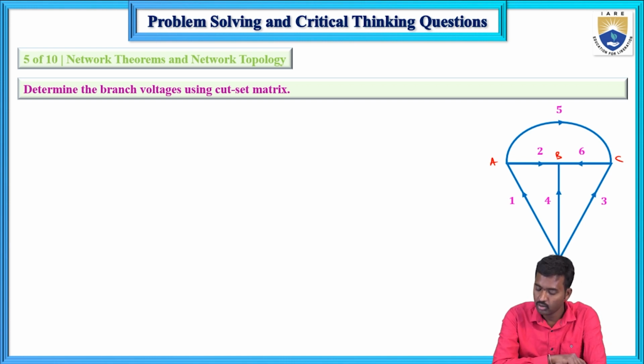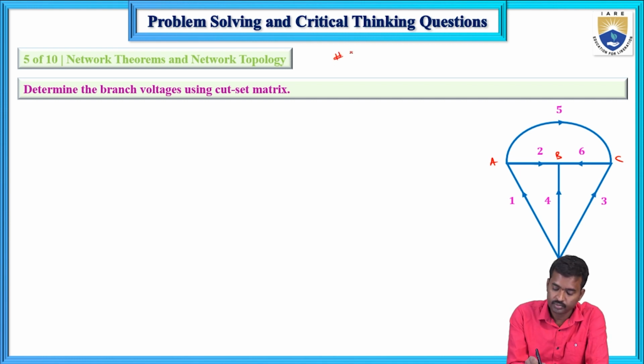Total how many nodes here? 4 nodes and 6 branches. The nodes are A, B, C and D. The number of branches is 6, that are 1, 2, 3, 4, 5, 6. So what about the cut set matrix?